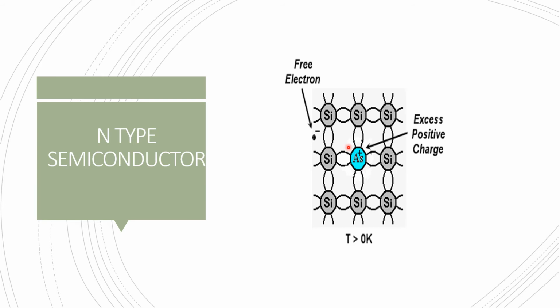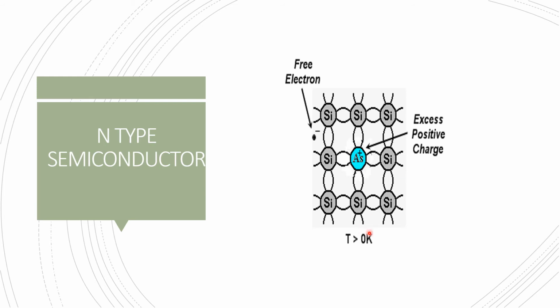Then what will happen to the 5th one? The 5th electron remains free to move about, and so this material, which is a doped material, conducts electric current. Its conductivity is not as high as a metal, and hence it is called a semiconductor.